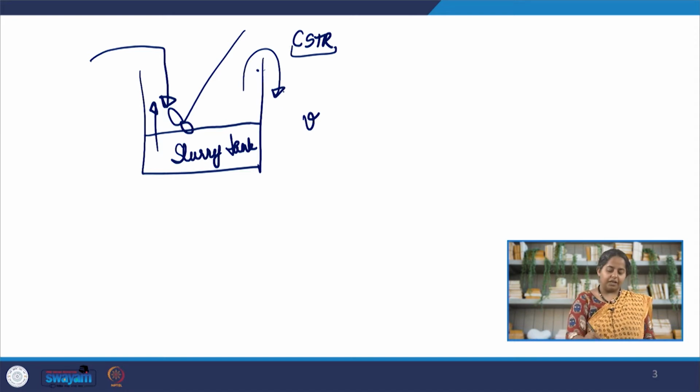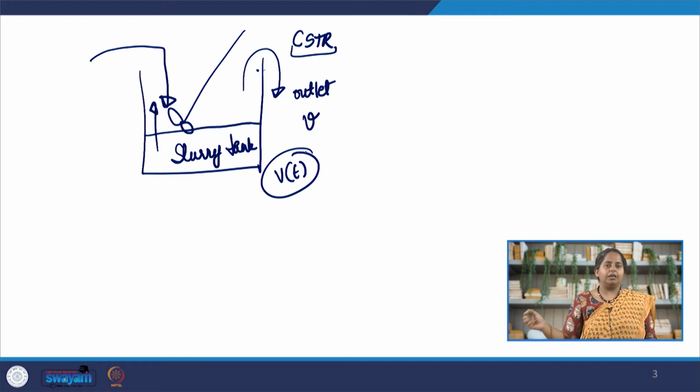So there is a time period when the water is removed from the slurry tank. So the actual volume of the slurry tank keeps on changing. So the actual volume is variable and varies with time, and that's what we are going to include when we apply mass balance. Later in the course, I will teach you about other reactors that behave similarly, but right now our focus is on developing empirical models.